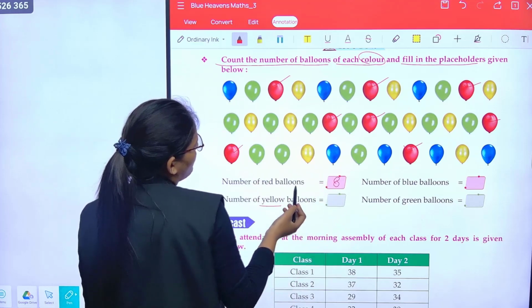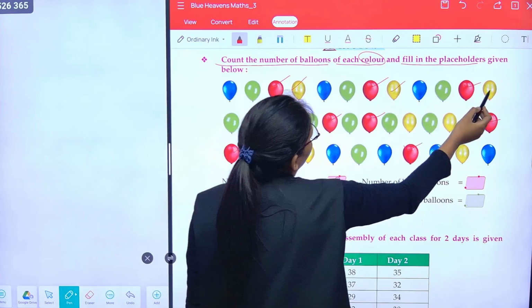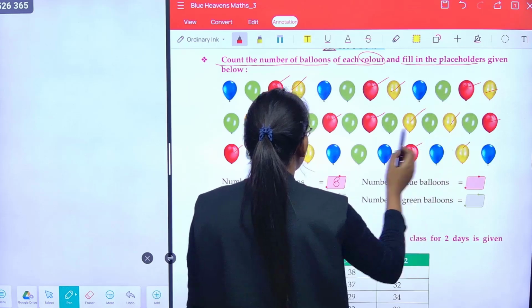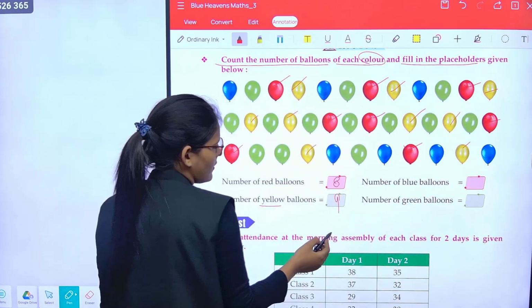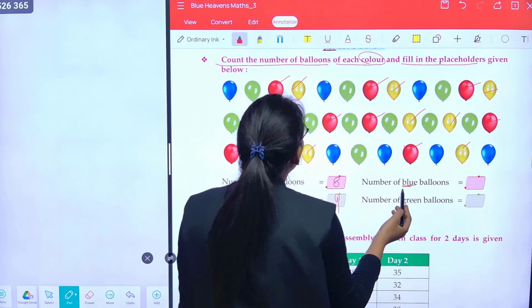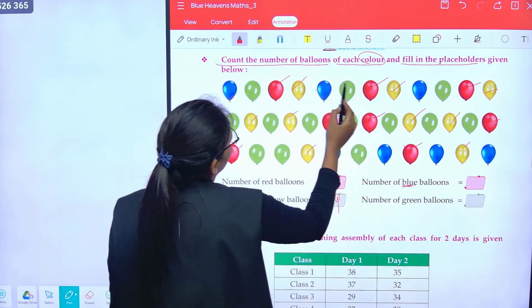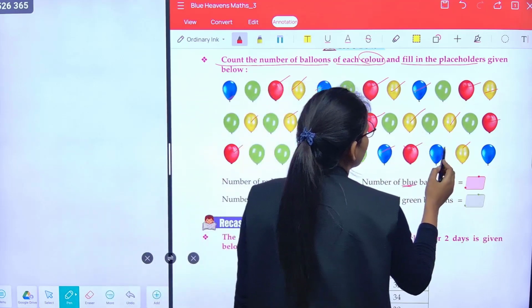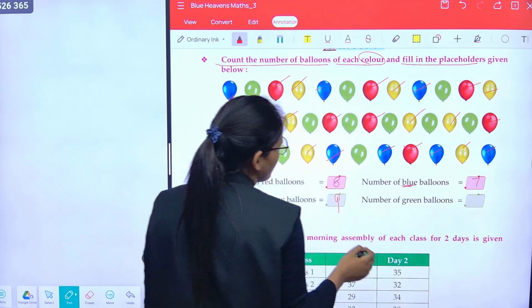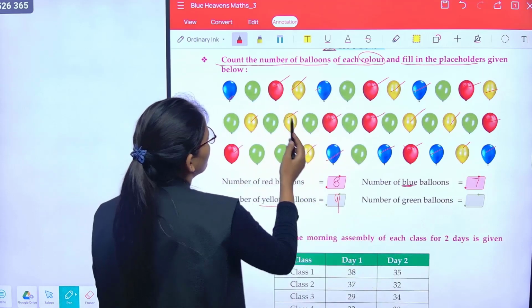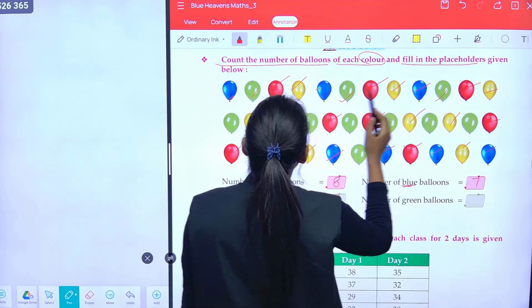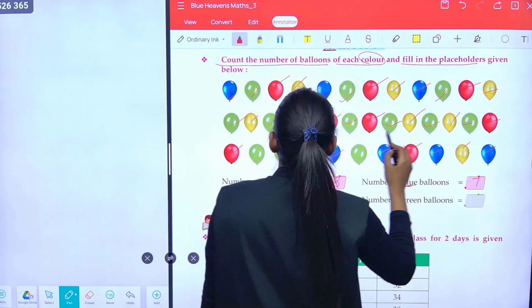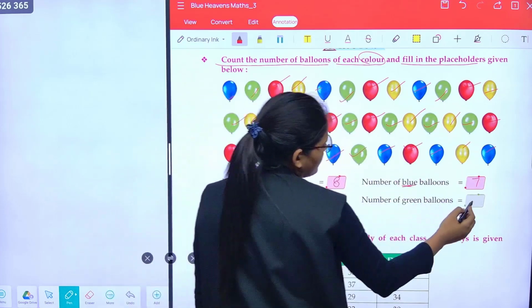Yellow balloons: 9. Blue balloons: 7. Green balloons: 13.